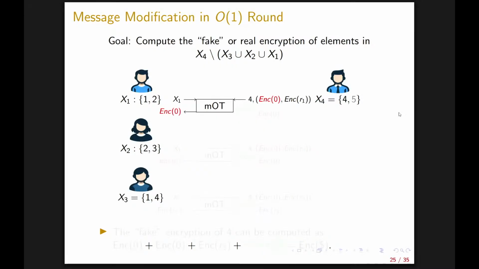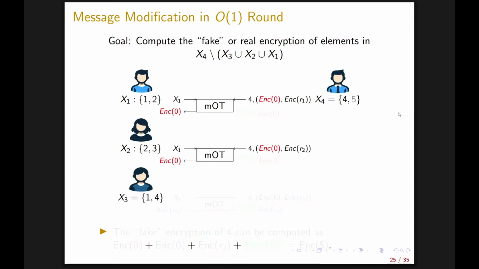P4 and P1 run MOT. Let's say we have number 4 first. You have number 4, and you prepare a pair for the OT: first the encryption of 0 and another encryption of randomness. Because 4 doesn't belong to X1, you get encryption of 0.